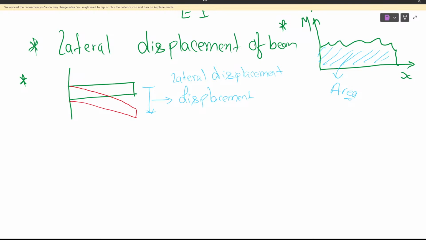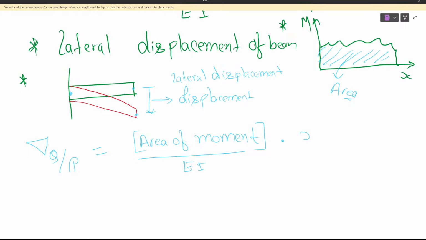The equation for the lateral displacement may be denoted as delta Q with respect to P. The equation will be the area of the moment diagram divided by EI, multiplied by X bar.